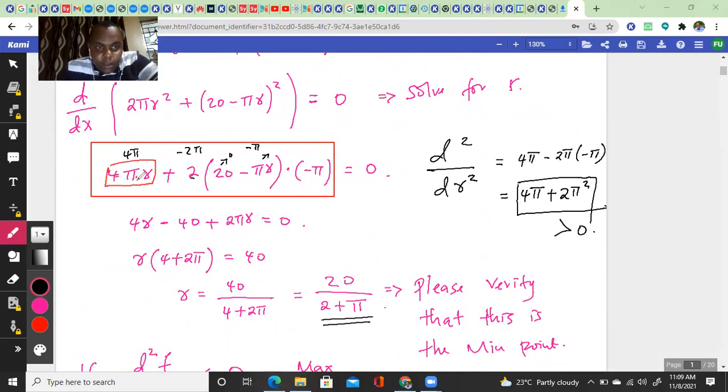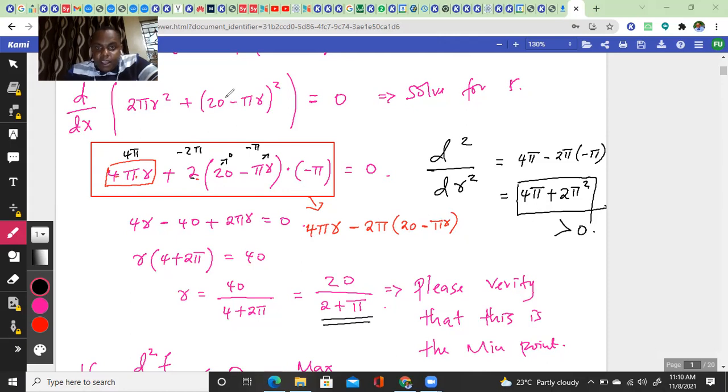I could rewrite this equation as 4 pi r, and then I have 2 and minus pi. It's going to be minus 2 pi, right? And then I have the 20 minus pi r. So I could rewrite the equation like that, right?